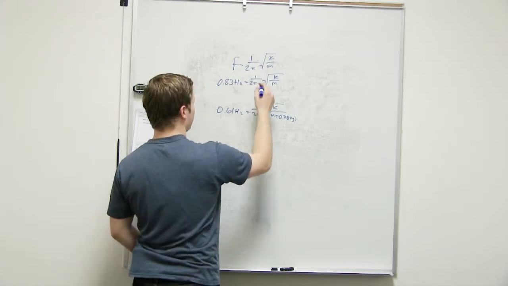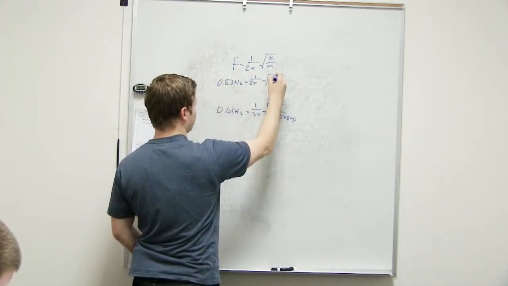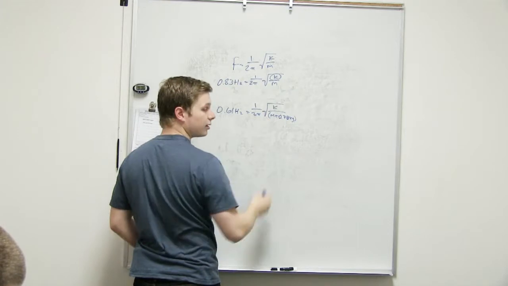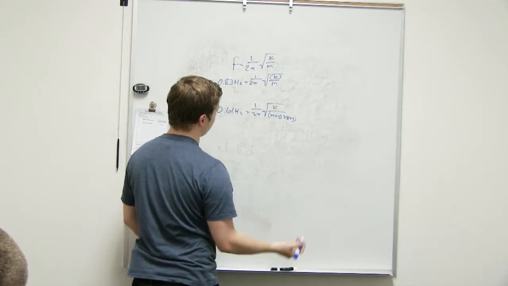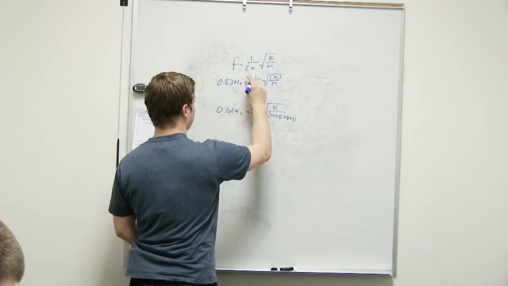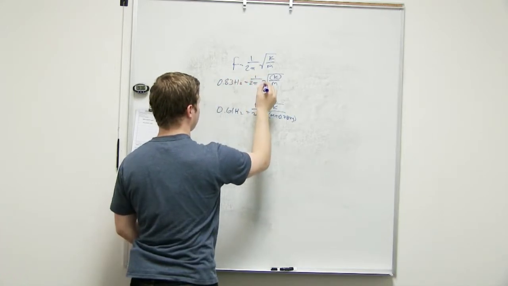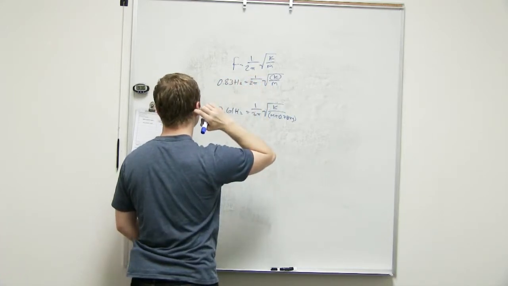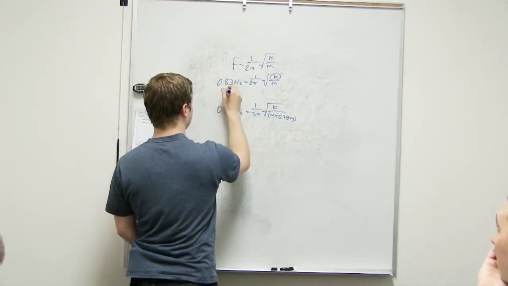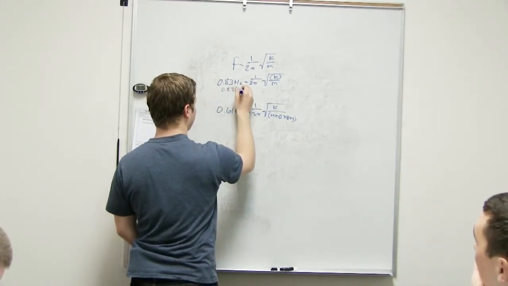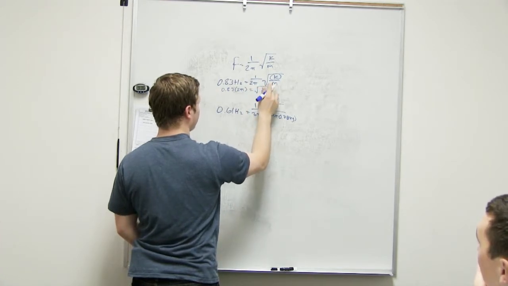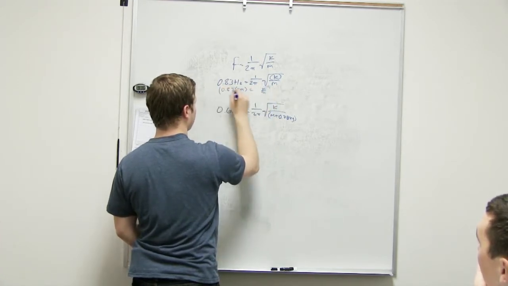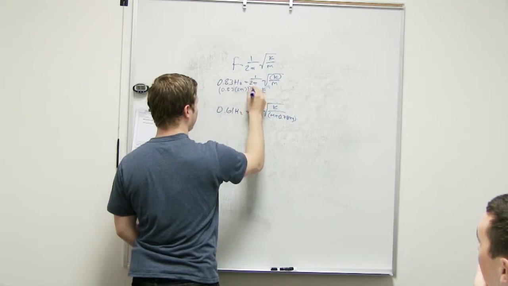So what if we take this first equation and solve for K? It's going to be 0.83 times 2 pi equals the square root of K divided by M. Square that to get rid of the square root, so square all of that.